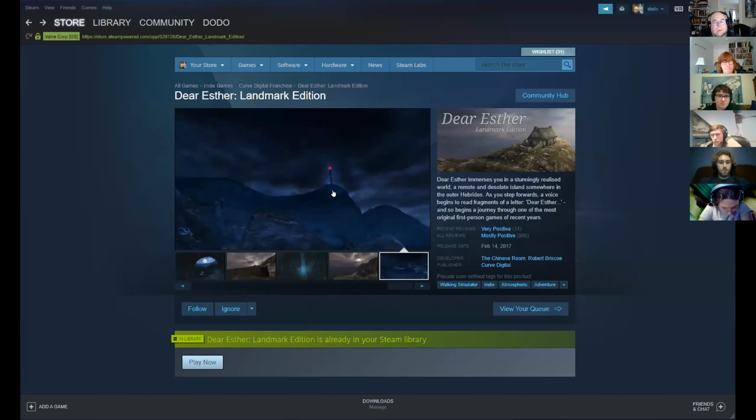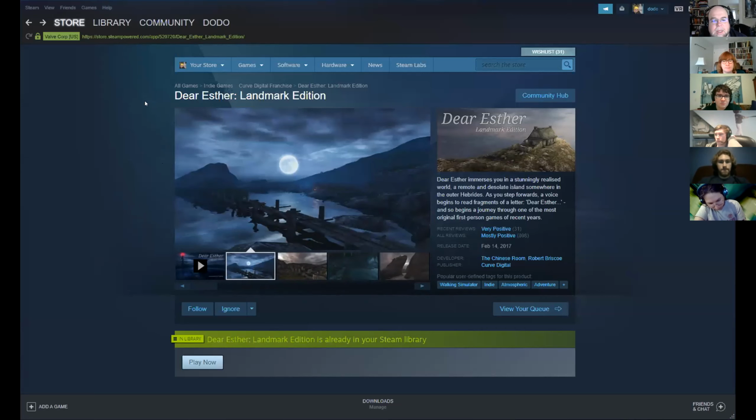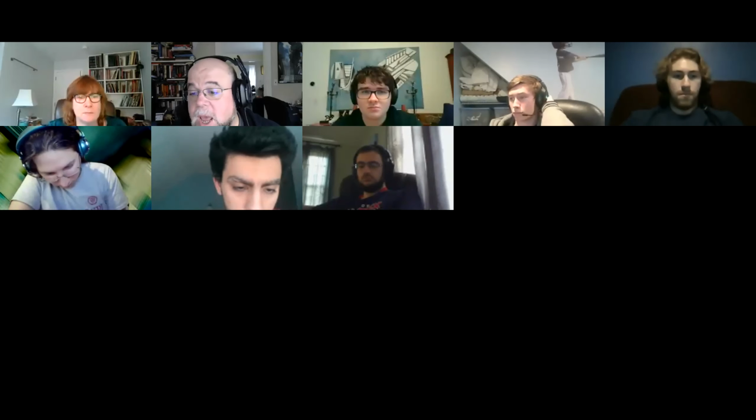That's at the beginning. A lot of times you see this blinky red radio tower light. It's beckoning you. It's what we call a weenie. It's the thing that you try and get to because it looks interesting. And lo and behold, it is the final destination of the game.